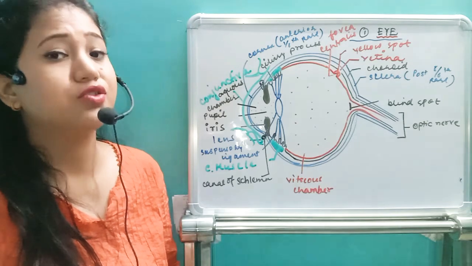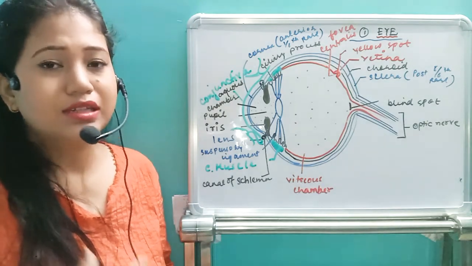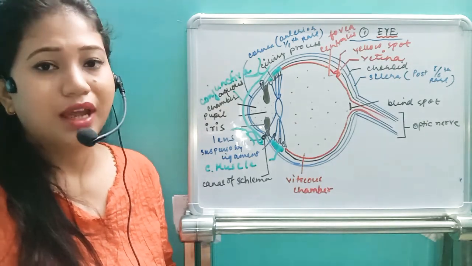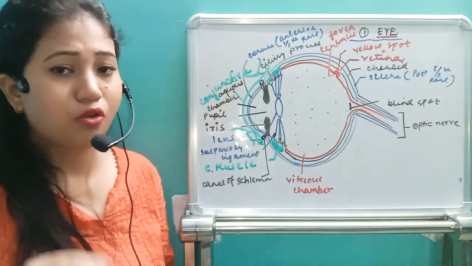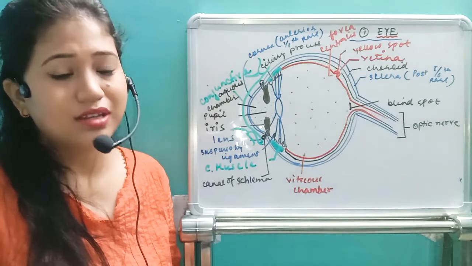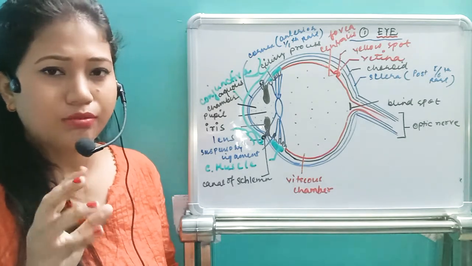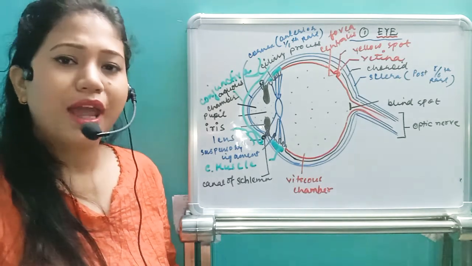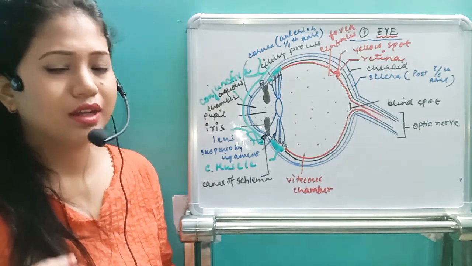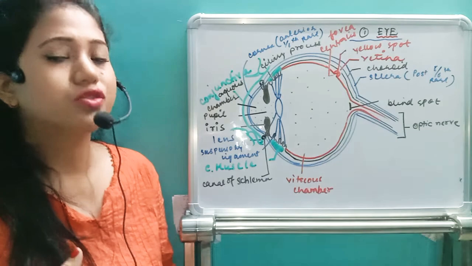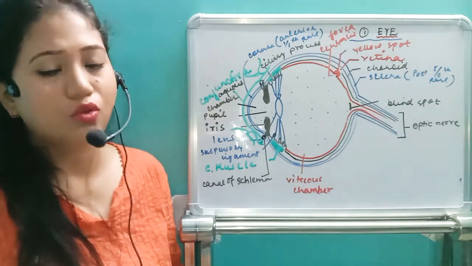But when the light is not enough, in dim light, we can see only black and white vision. What's the reason? Because in that period only rods are working, and the rods give the black and white vision. When the light is not enough, the rods are working. When the light is enough, the cones will work.